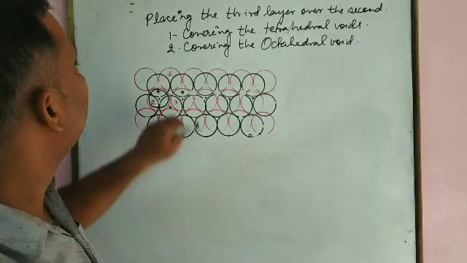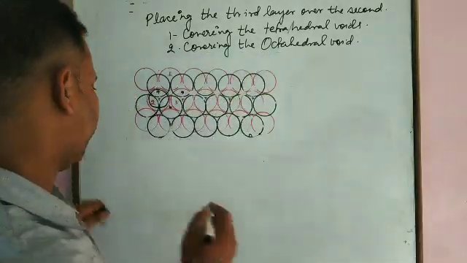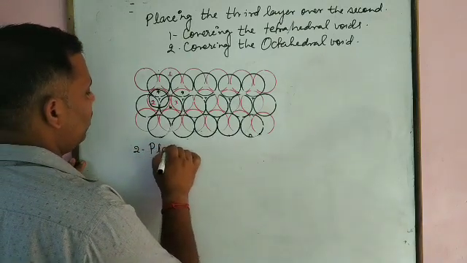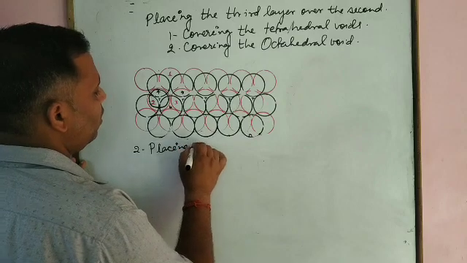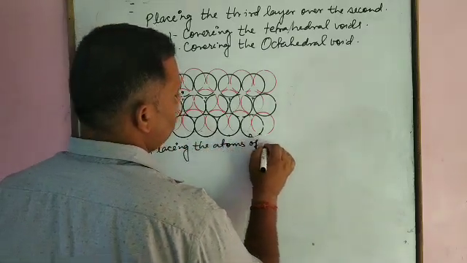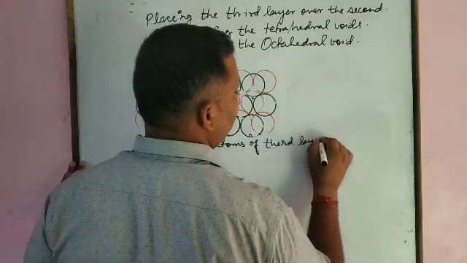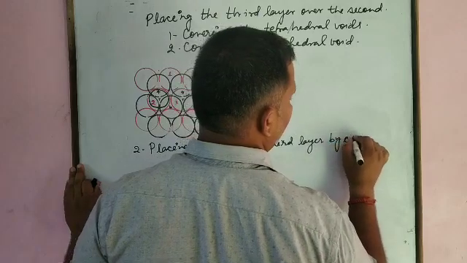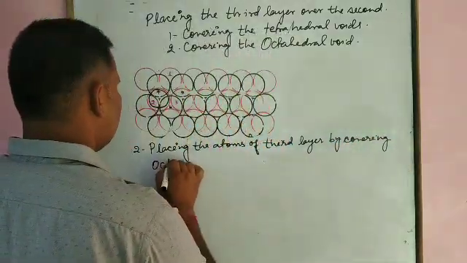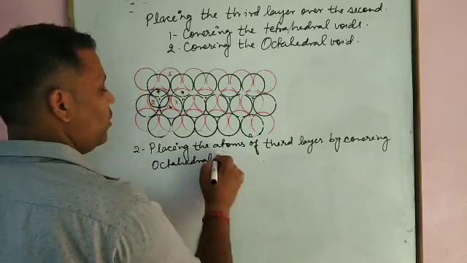To the next one, we will place the third layer by covering the octahedral voids. The next one is placing the atoms of the third layer by covering octahedral voids.